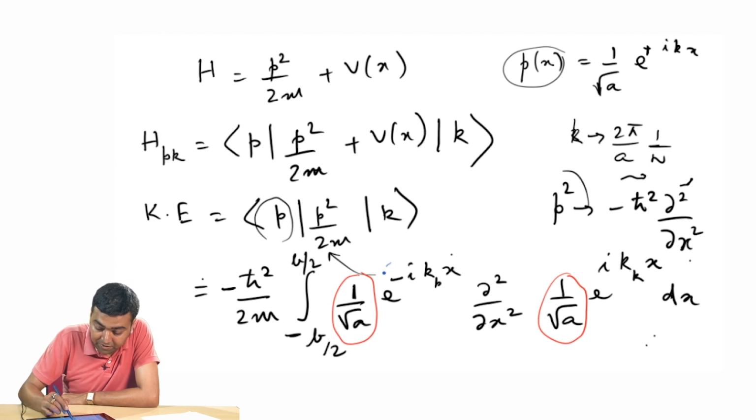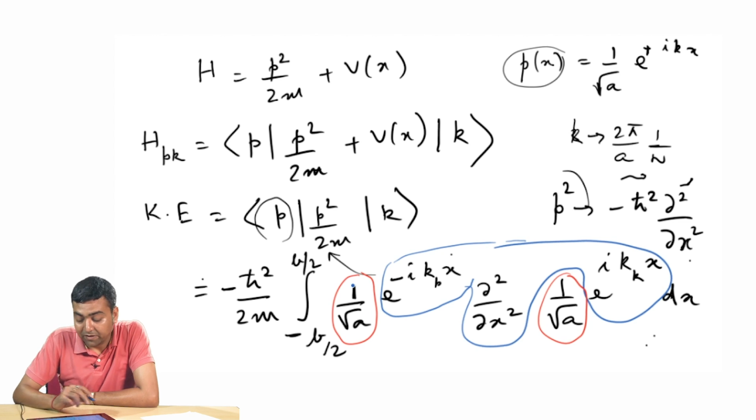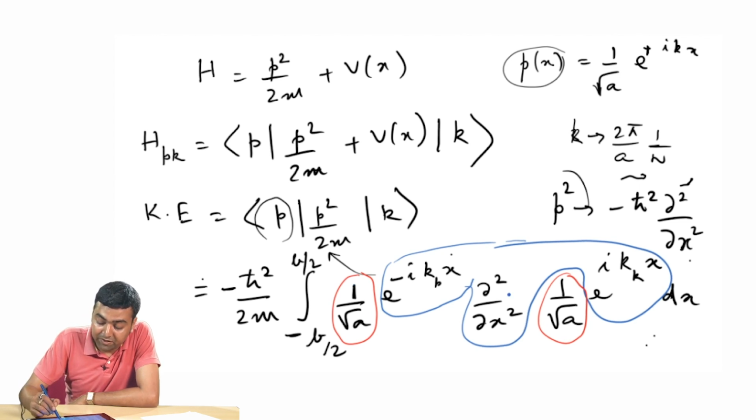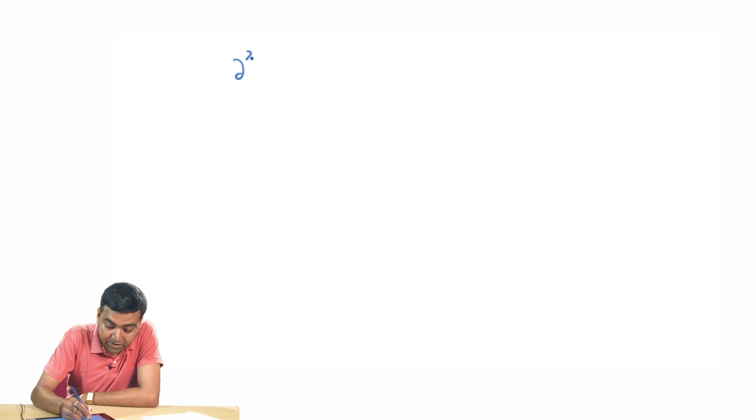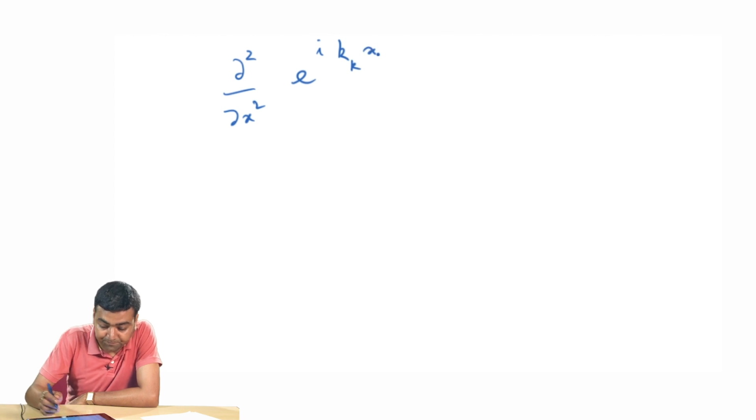I have this function here which depends on x, then I have this operator here, and then I have this function here. If we first operate this del square operator on this function, what we get is the following: del 2 del x 2 of e to the power I k x.